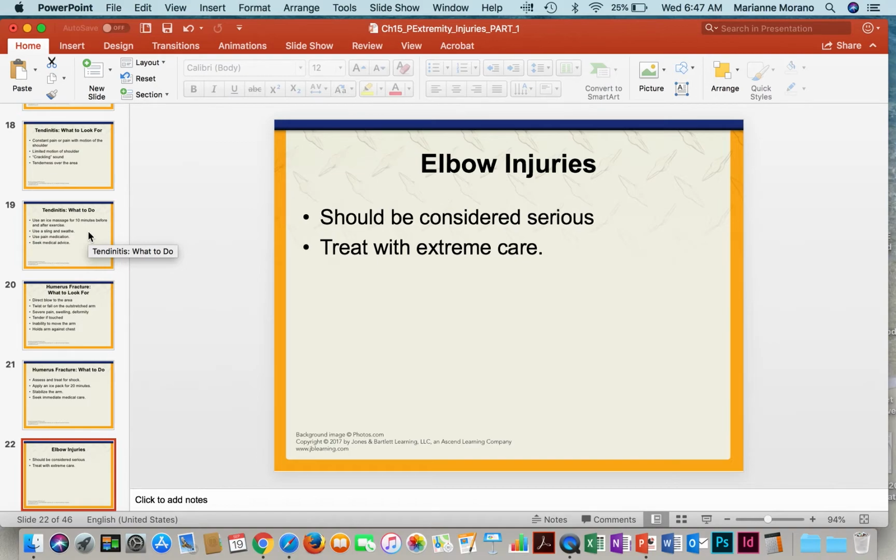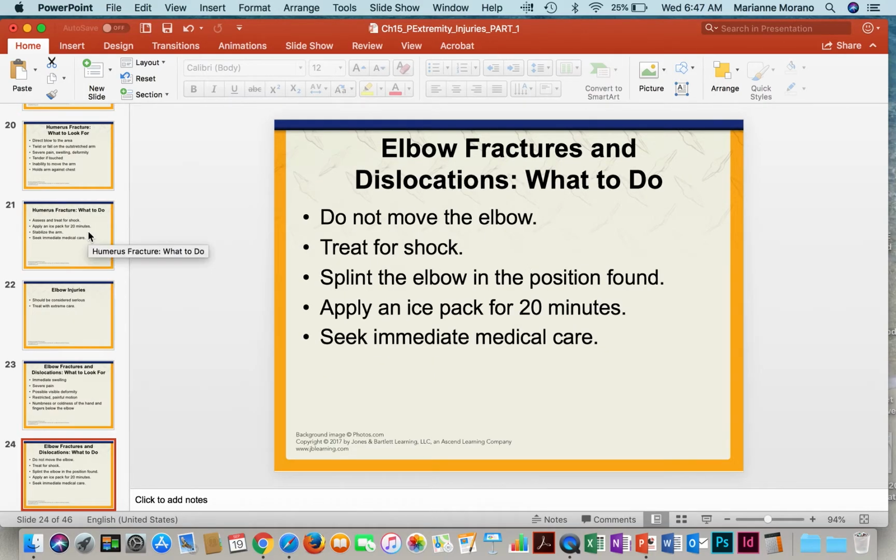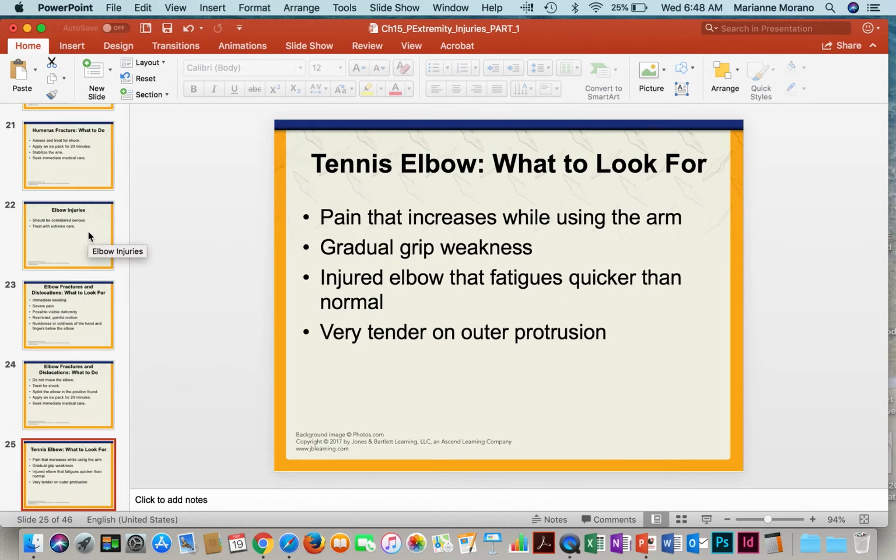Elbow injuries could be very serious, so you have to treat with care. There might be immediate swelling, pain, deformity, restricted motion, and numbness. Don't move the elbow, treat for shock, splint it, apply ice, and seek medical care. Tennis elbow is a name given to a tendonitis in the elbow, which can occur from tennis, but it can occur from other things.